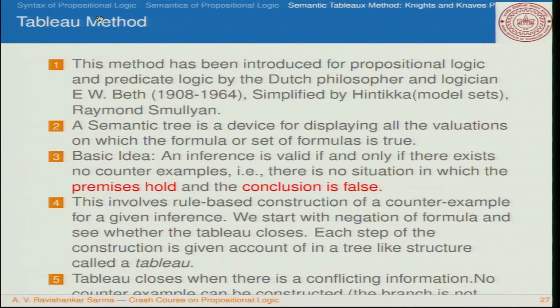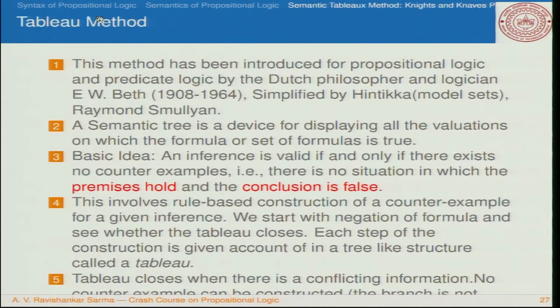The basic idea here is that any inference is considered to be valid if and only if there exists no counterexample. An argument is invalid if you have a counterexample, like when your premises are true and the conclusion is false. In the same way, suppose you have a well-formed formula x, and if you deny the formula and it leads to a contradiction, then not x is unsatisfiable.